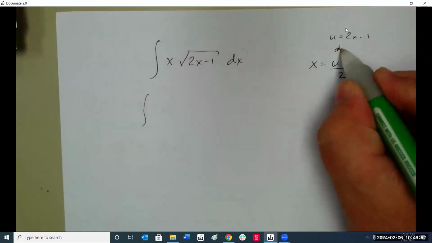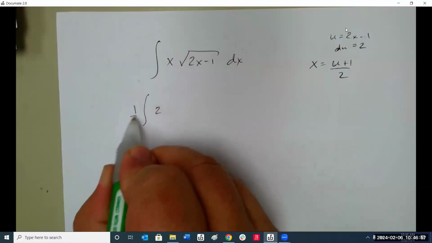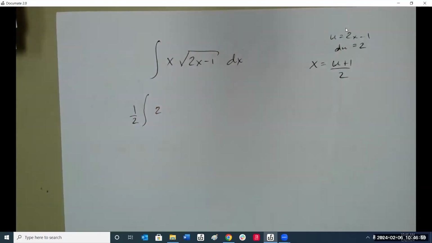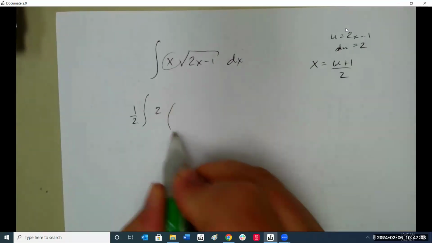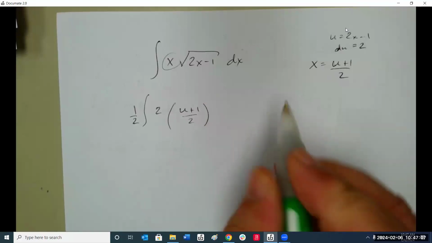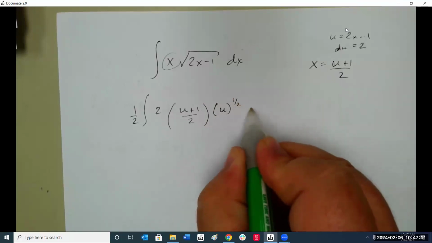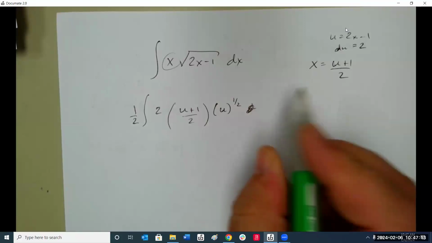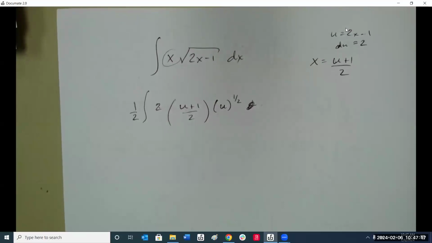So we have du is 2, so we need to put a 2 in there. x is equal to u plus 1 over 2, and then du. So far, so good.